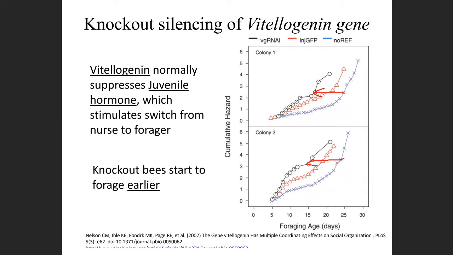So vitellogenin, which normally suppresses juvenile hormone, will keep the bees acting as nurses. But if you knock out vitellogenin, they switch to foraging earlier. So this is kind of cool.